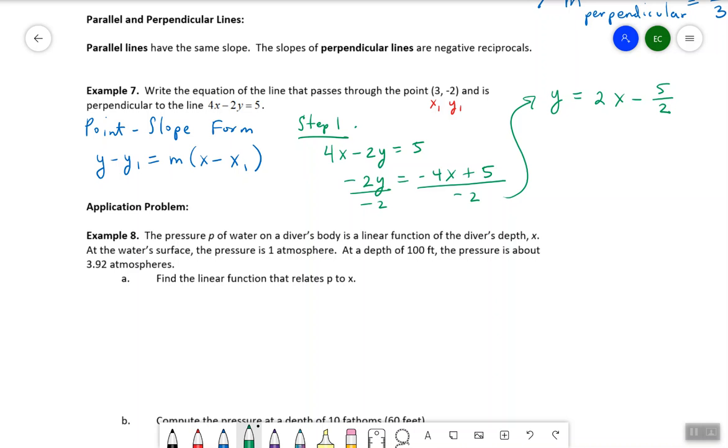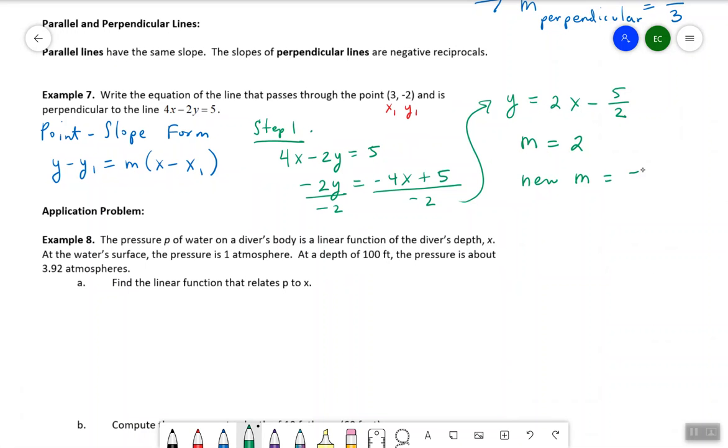So the slope of this line is 2. So the new slope, the slope that we want, is going to be -1/2.